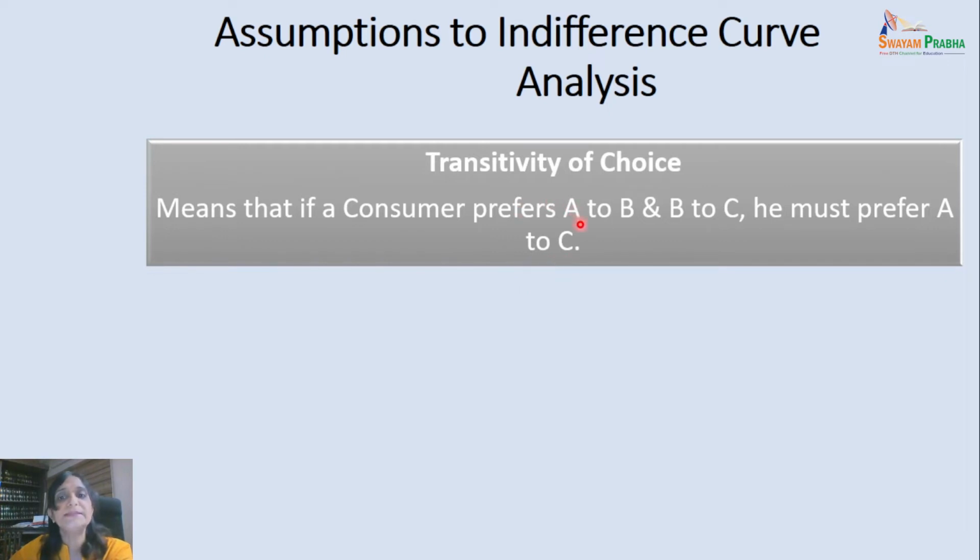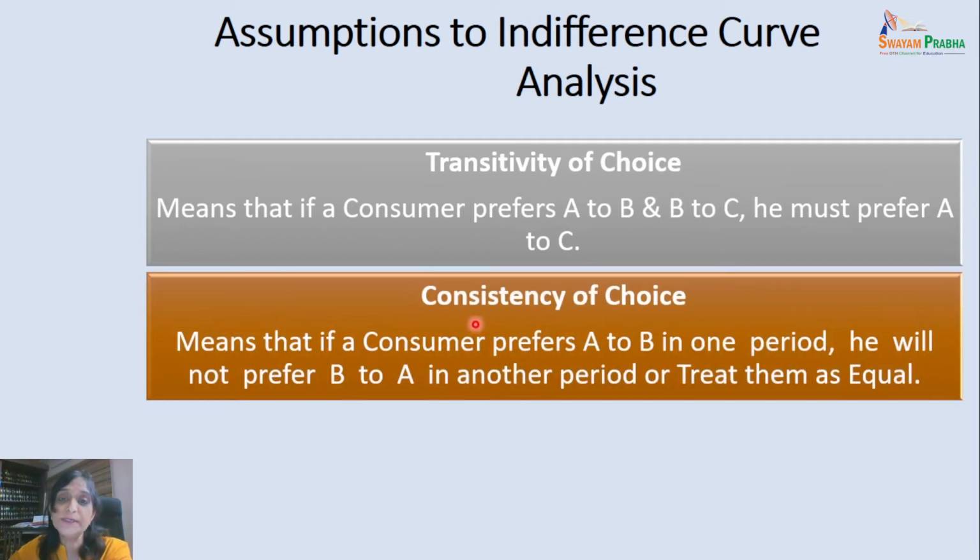For example, I like apples more than oranges, and oranges more than, let us say, bananas, then he must prefer apples to bananas. So that is called transitivity of choices. If I like A more than B and B more than C, automatically you will like A more than C. That is called transitivity of choices.